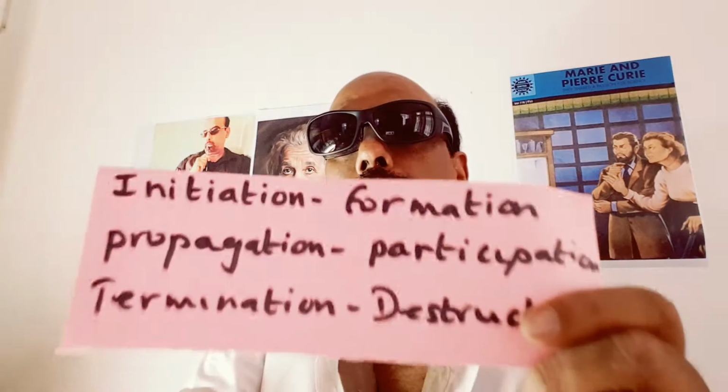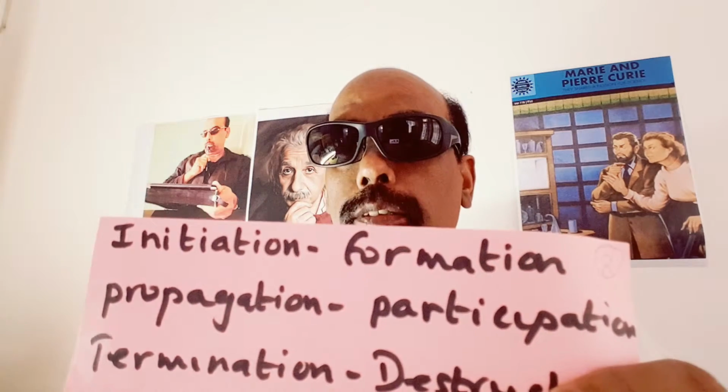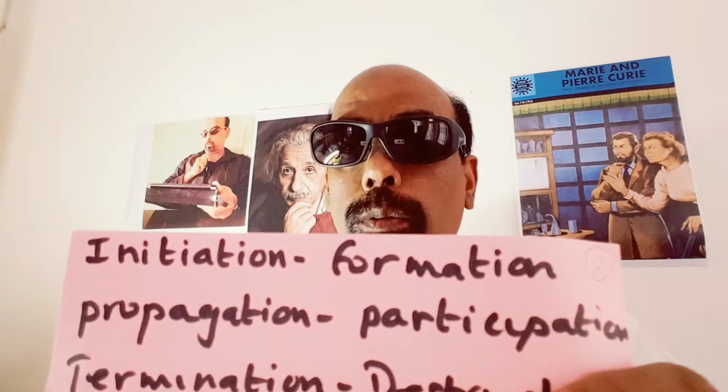In the initiation step, the radicals are formed. In the propagation step, the free radicals are involved. And in the termination step, the free radicals are destroyed or get paired to form molecules.